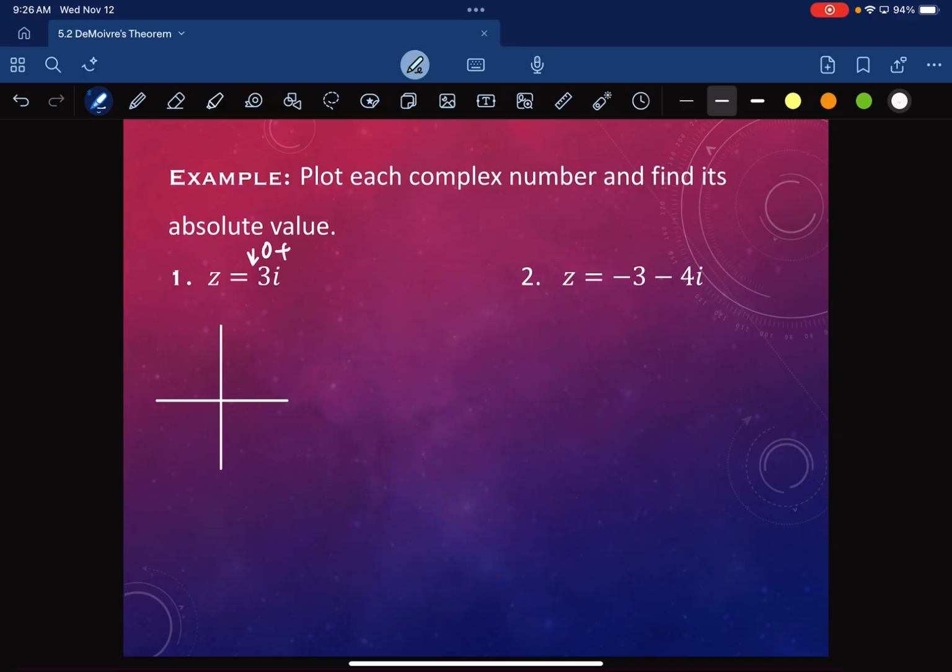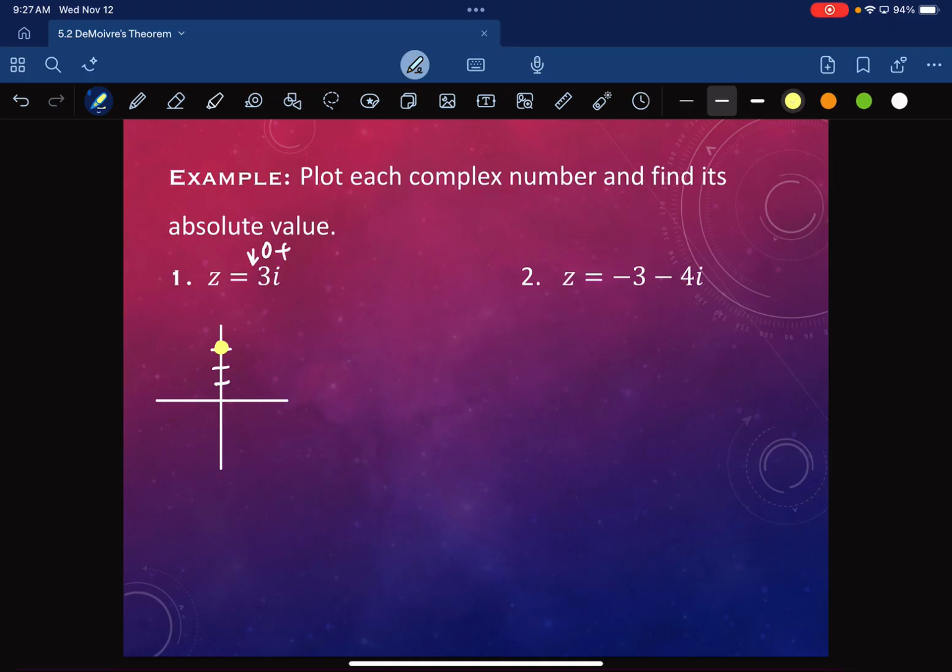So what it tells us is that we're going to go up 3 on the imaginary axis. And this right here is our location in the complex number plane. There's no arrows like there were in vectors. That's not what we're doing, right? This is just a point. It is a point in the coordinate plane. That's the complex plane.